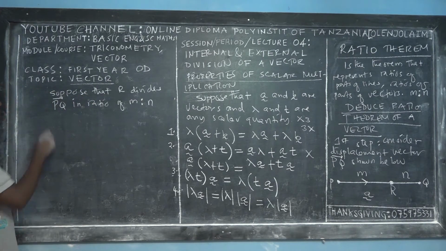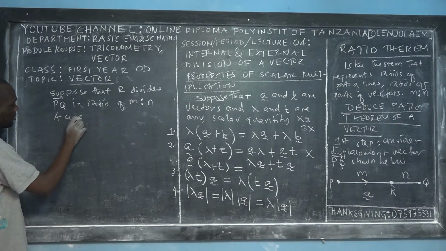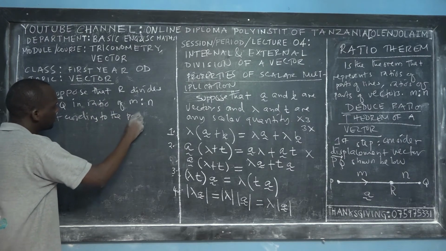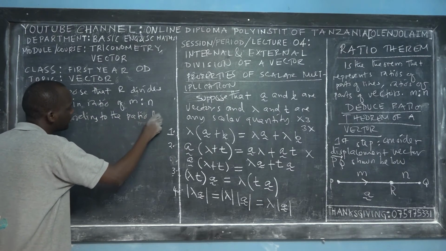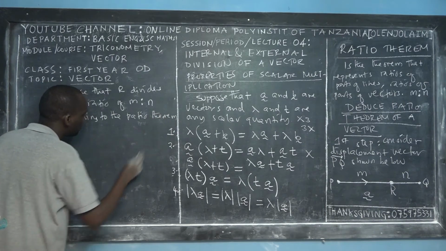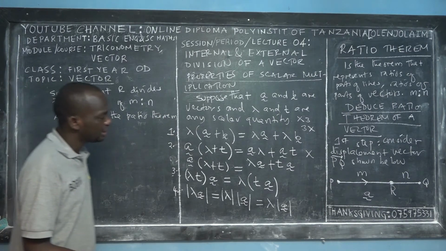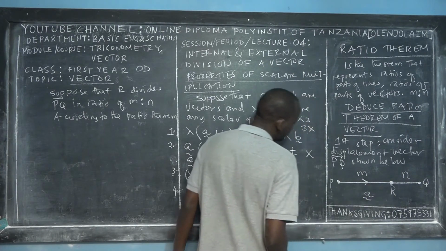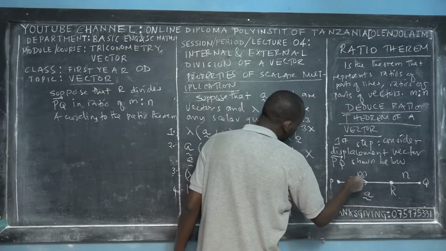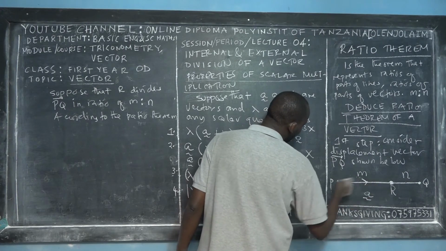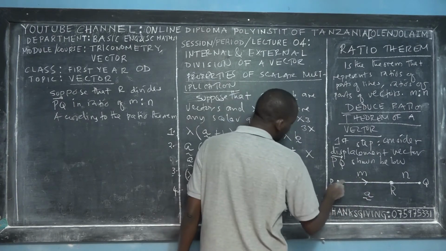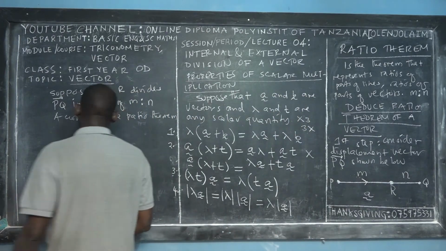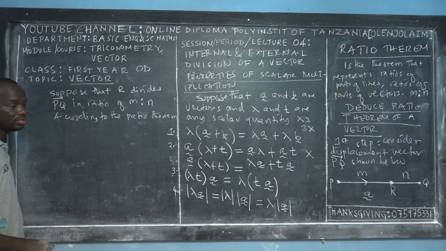Right? So we say that according to the ratio theorem, this part of the vector will be equal to the value of this ratio between these 2 points divided by the sum of the ratios, multiplied by vector PQ. What does it mean?